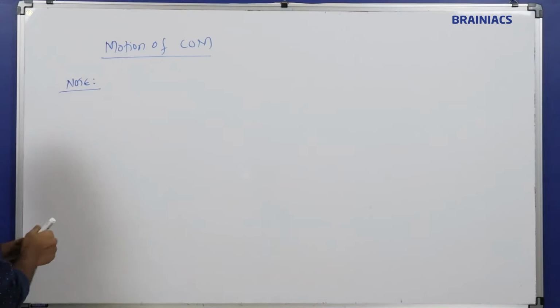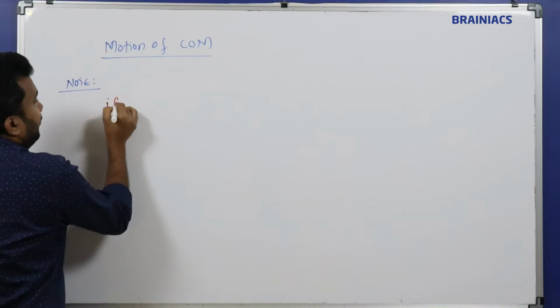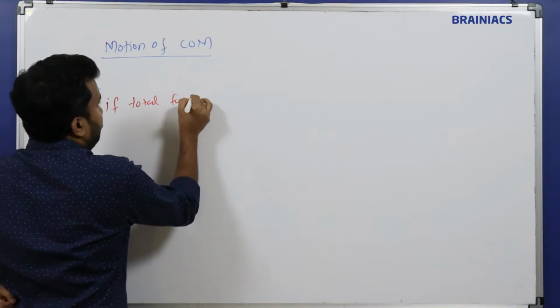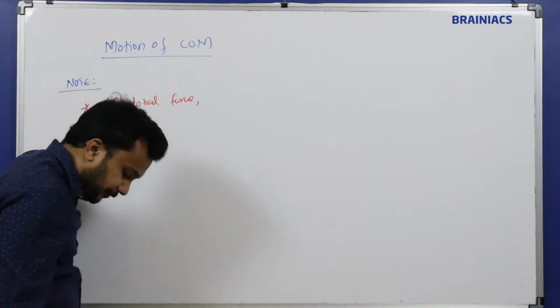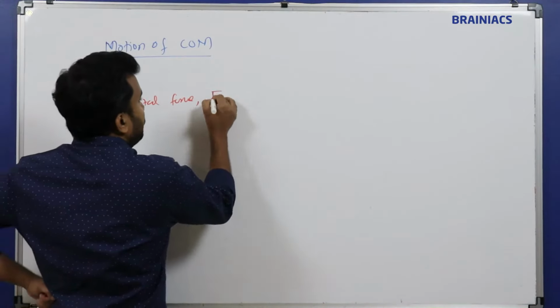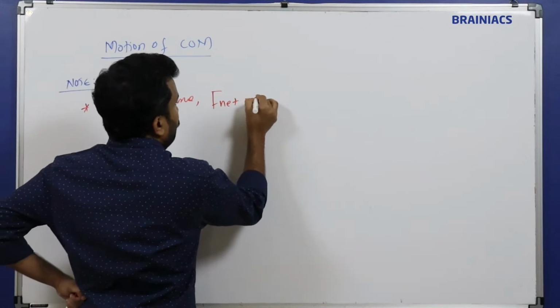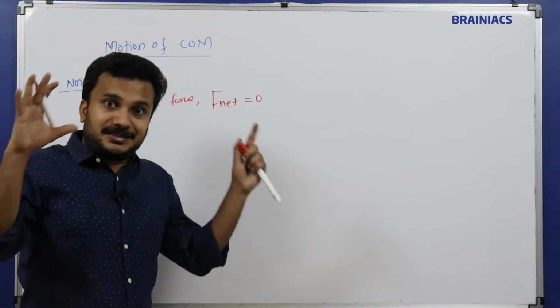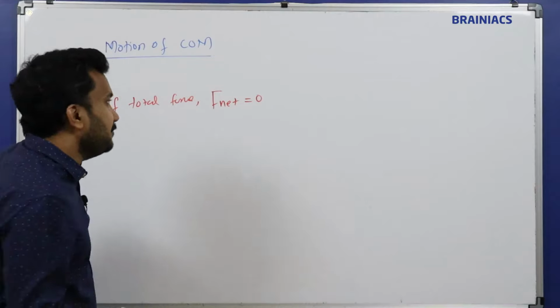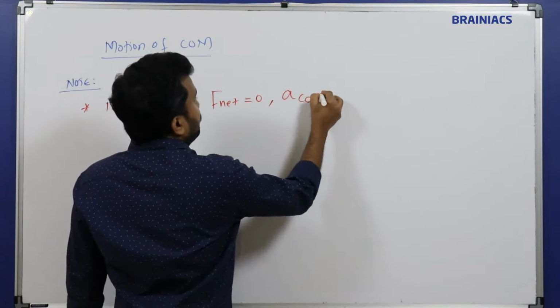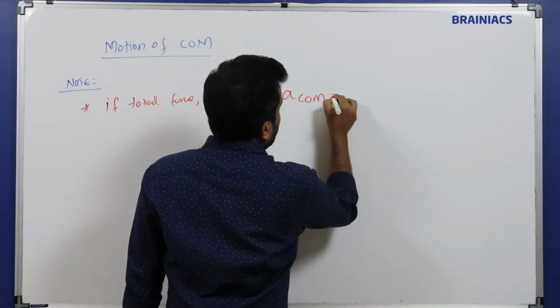First one, if the total force, this total force can also be called the net force. So F net is equal to 0 if we are not applying any force on the system. If total force on the system is equal to 0, acceleration of the center of mass is equal to 0.